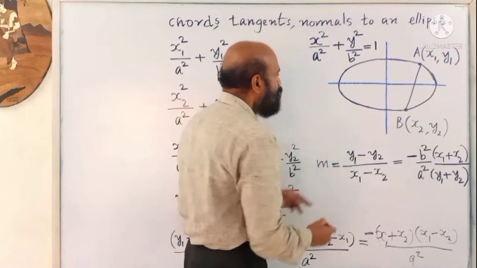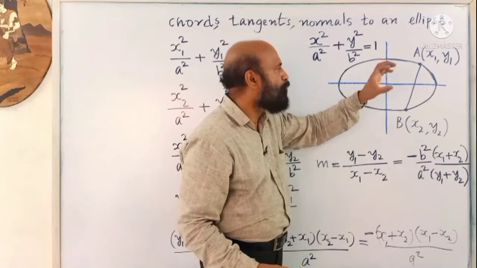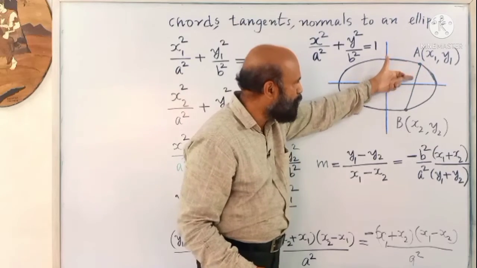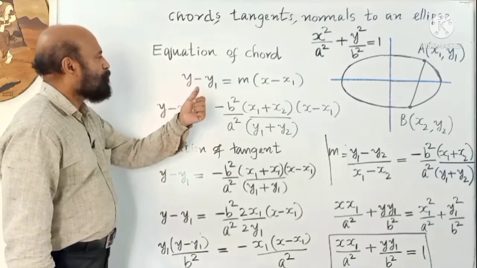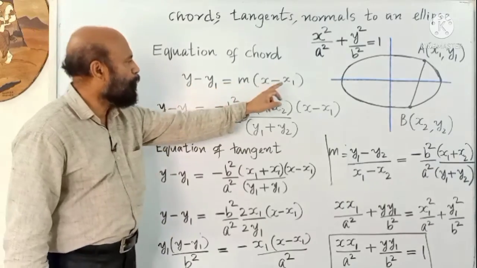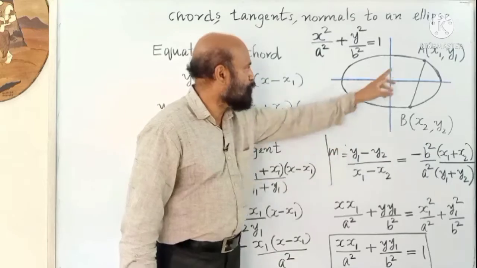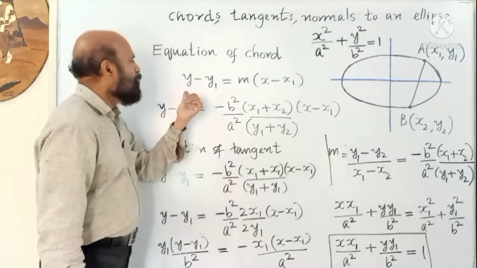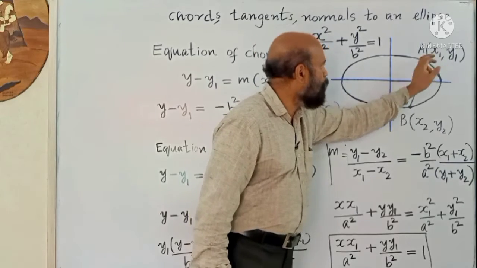Now we know the slope and 2 points. If you know the slope and 1 point, we can write the equation of a line. Now we can write the equation of the chord. This is the equation of a line in point slope form. Now we know the slope of this chord, and the chord is passing through the point x1 comma y1.